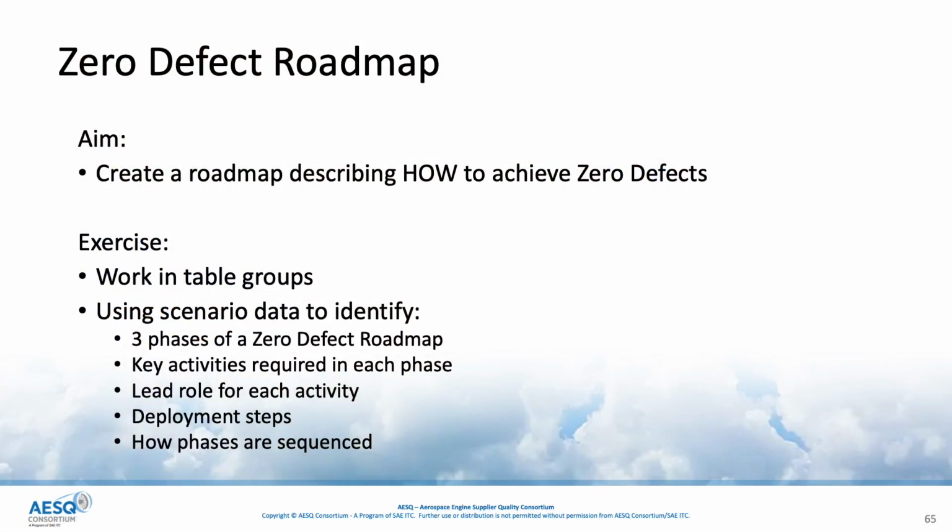So here's our aim, to create a roadmap describing how to achieve zero defects. In the tables, the scenario data is in front of you. There's 3 phases, as I mentioned, and the key activities. We're going to need for you to define what activities belong to each of the 3 phases.